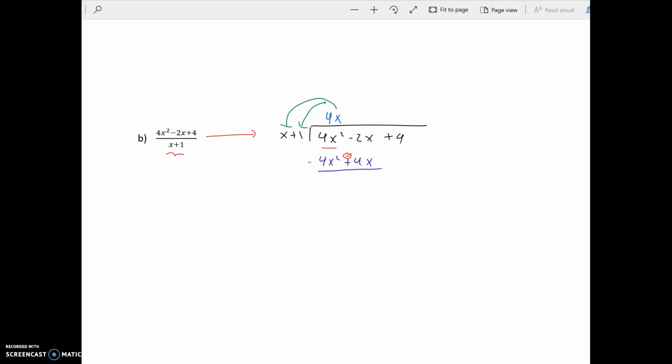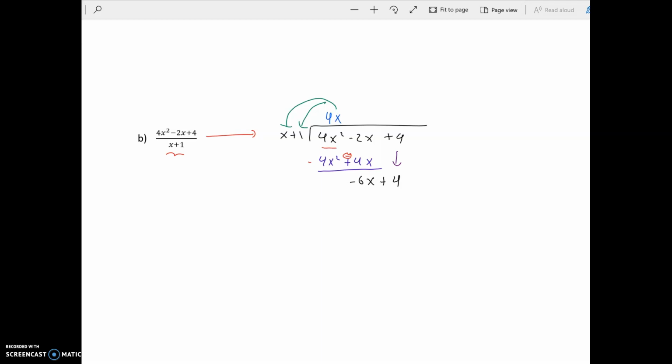For this problem and any division that you're doing as you apply long division, your first two terms cancel out. So after the subtraction, you're looking at minus 2x minus 4x, so technically minus 6x. And then we have to drop the plus 4. Now that's the end of the first iteration.